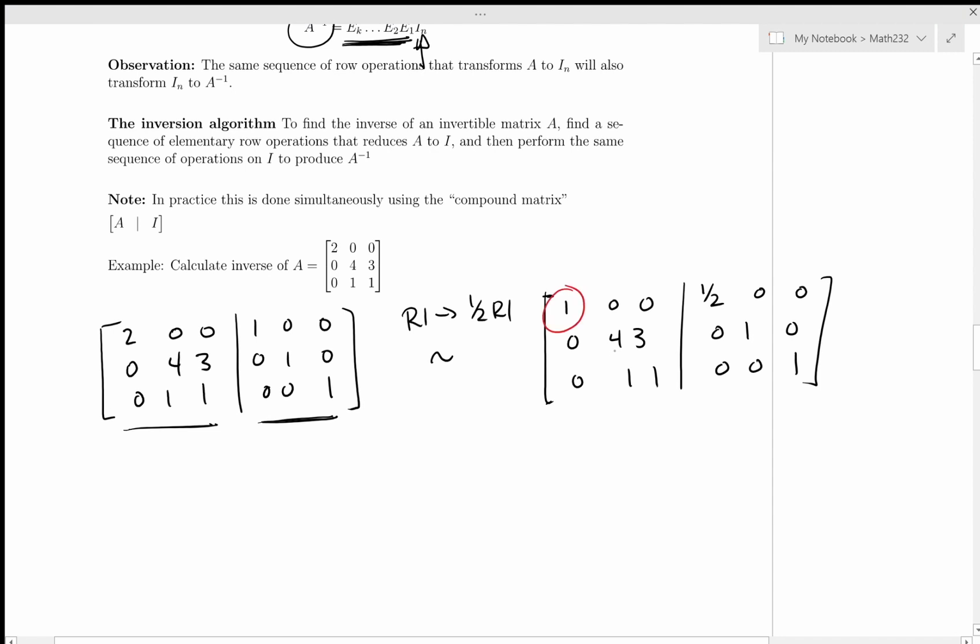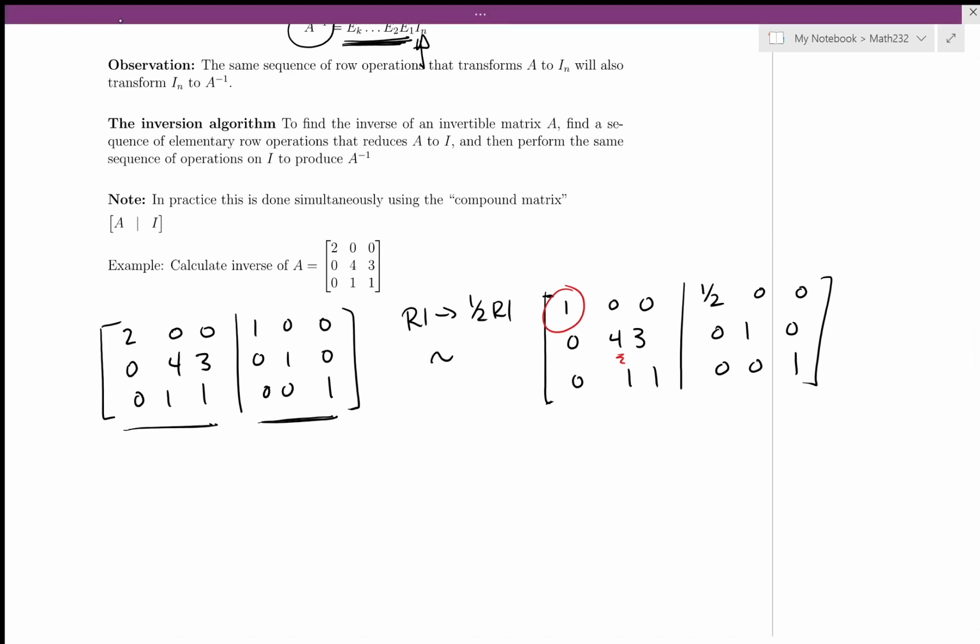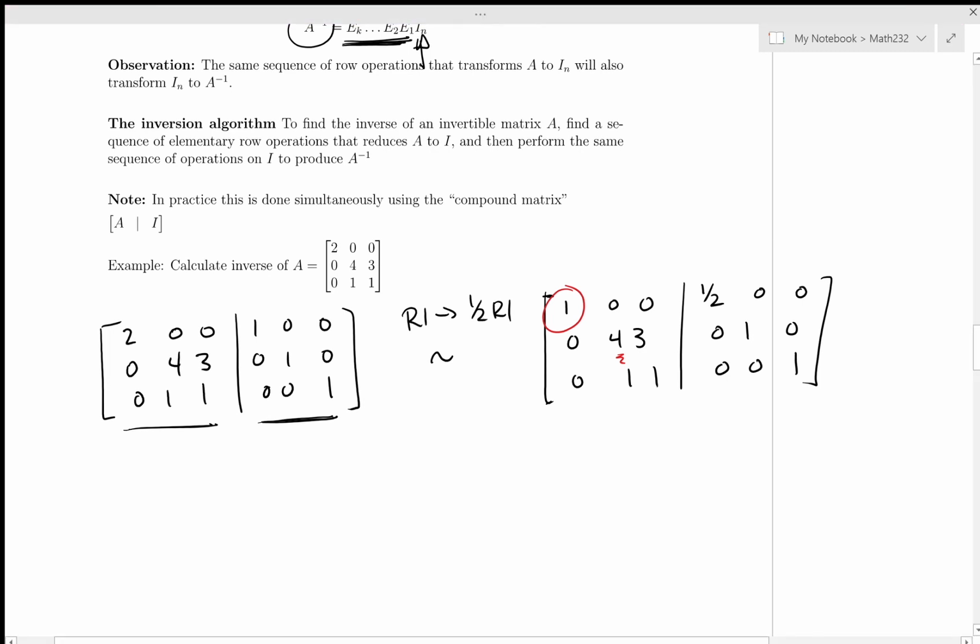Now my next objective is to get a 1 there. I'm going to do that by taking row 2 and replacing it with 1/4 row 2. That's going to get me this matrix here. I'm not changing row 1. I'm multiplying row 2 by a quarter.